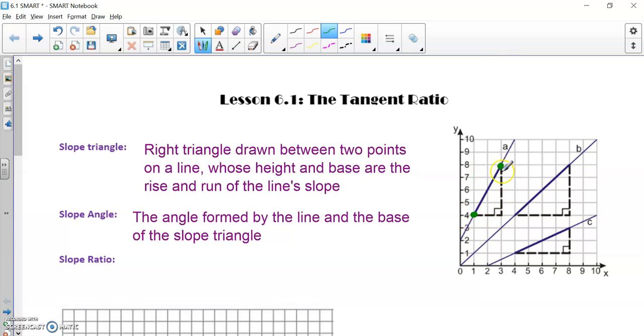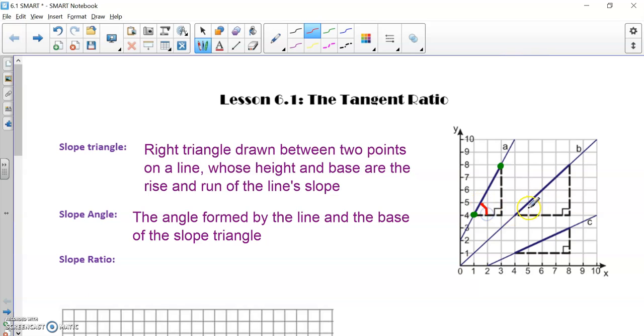Notice that when we drew this right triangle, the height is the rise for the slope, because that's the vertical change from one point to the next. The base is the run, which is the horizontal change from one point to the next. The slope angle is the angle created between the line in question and the base of your slope triangle.